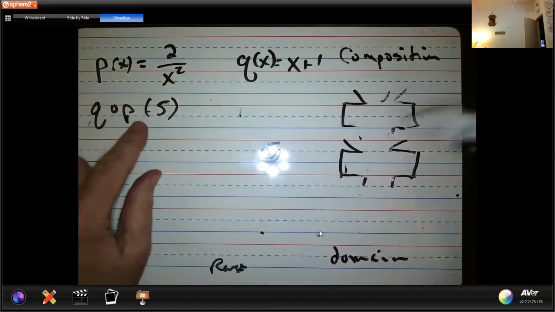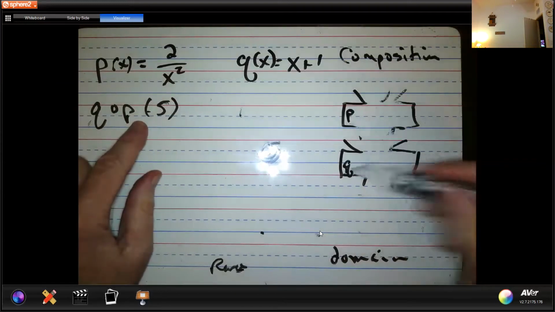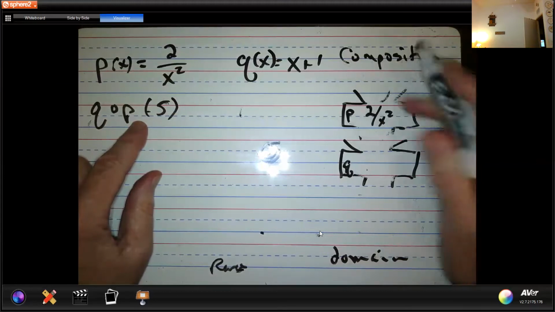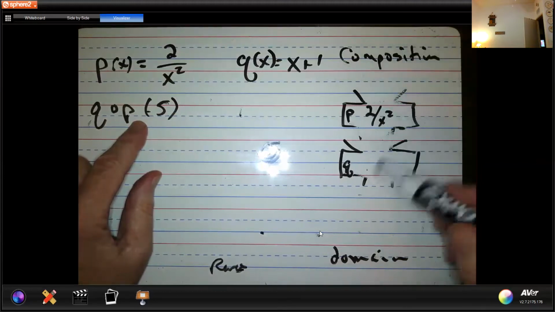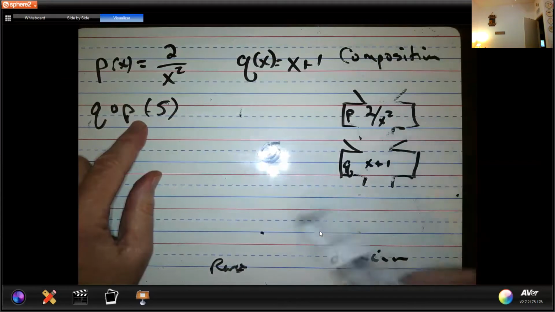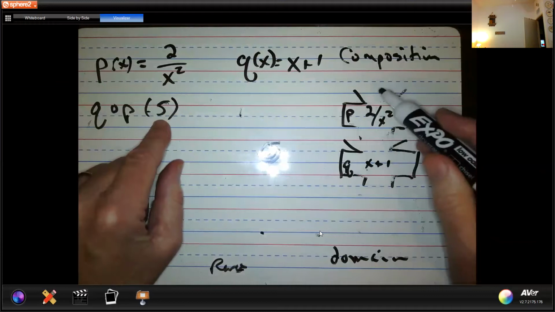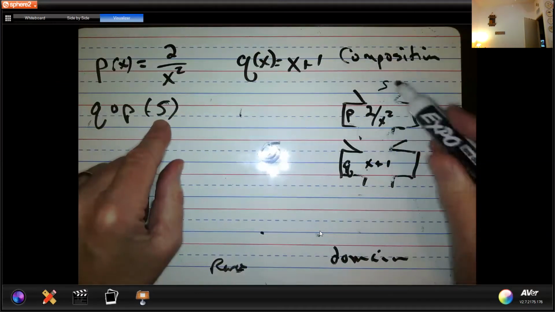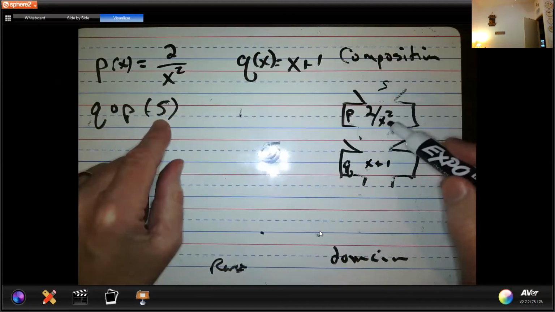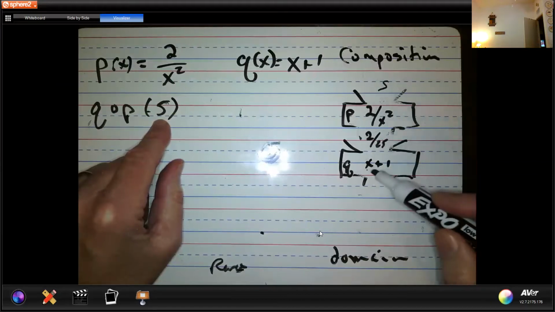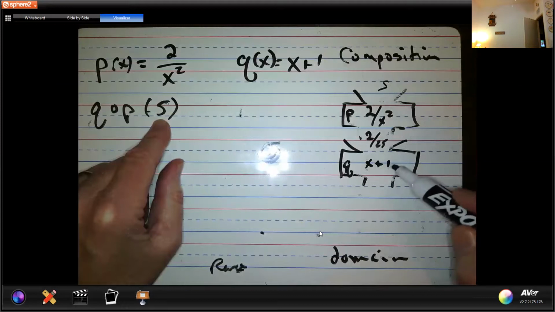Q follows P, so P's on top and Q's on the bottom. So P is 2 divided by whatever drops in, and Q is add 1 to that answer, right? So let's put 5 in there. 5 goes in. 2 divided by 25 comes out.